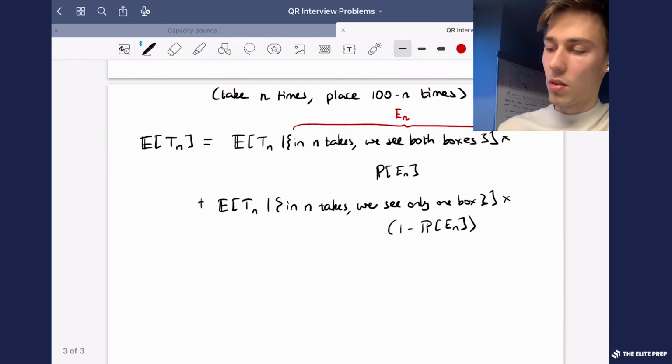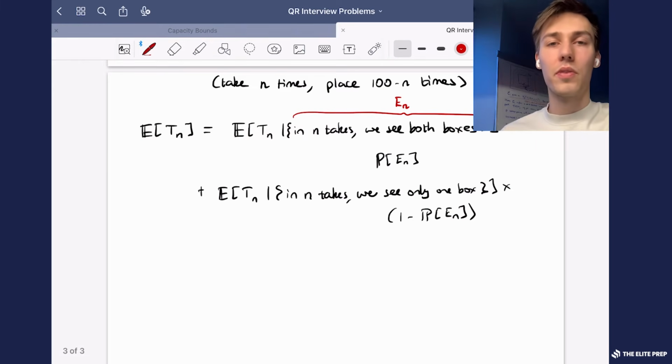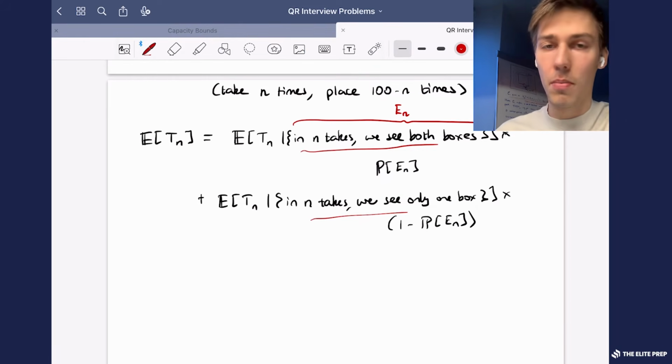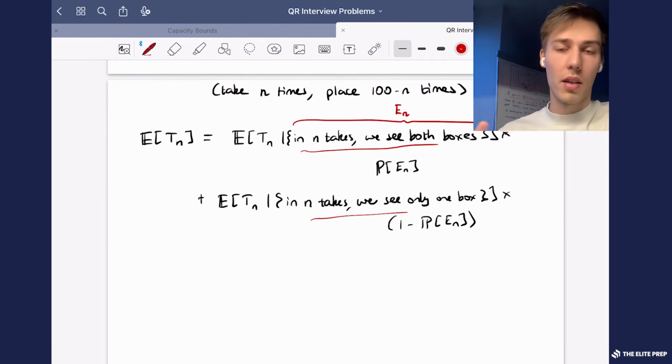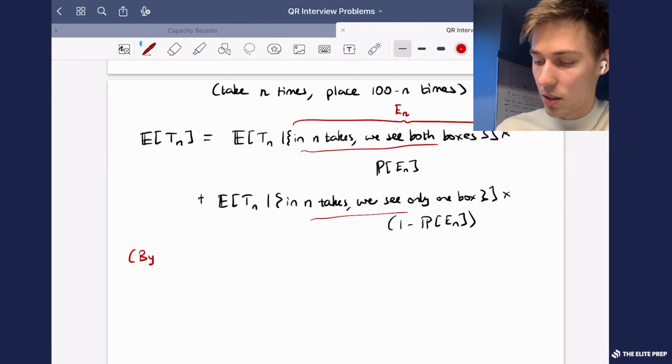So I've here used the law of total probability because in any number of takes, we can either see one box or two boxes. So we'll either have this situation or this situation, and you can decompose the probability space over these two events because you can't see both one and two boxes at the same time. You have to see either one or the other. So we have applied the law of total probability.